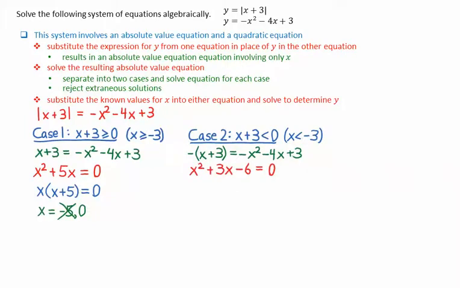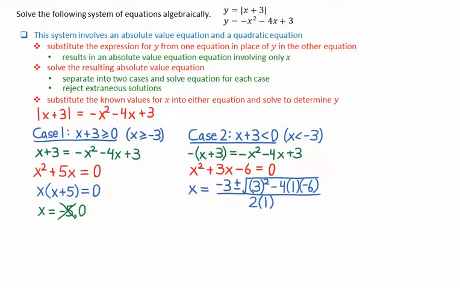In this case, moving everything over to the left, we end up with x squared plus 3x minus 6 equals 0. This time, the expression on the left does not factor, so I'll use the quadratic formula.